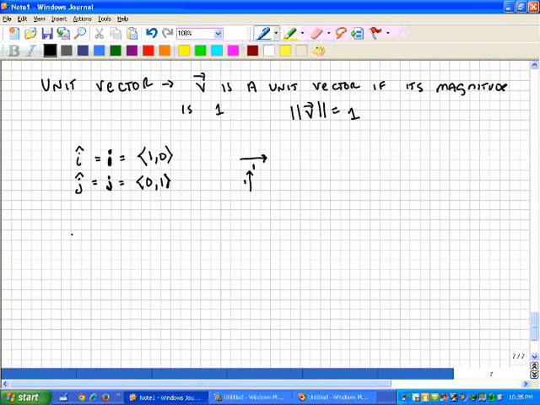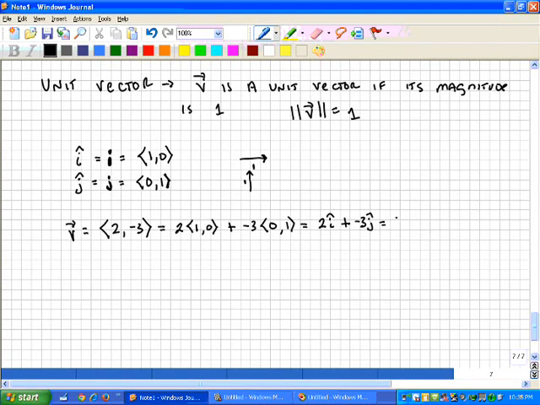For instance, if we let v be the vector ⟨2, -3⟩, we can say that that's the sum of the vectors 2 times ⟨1, 0⟩ plus -3 times ⟨0, 1⟩. ⟨1, 0⟩ is i, or i hat. ⟨0, 1⟩ is bold j, or j hat.